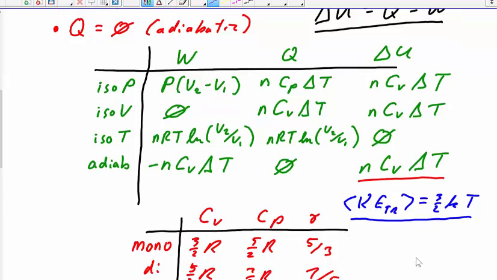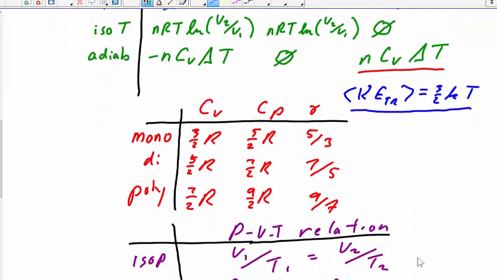Because this table relies heavily on the value of CV and CP, we formulate a second table that explains to us how monatomic, diatomic, and polyatomic gases express their CV, CP, and the ratio CP divided by CV of gamma.